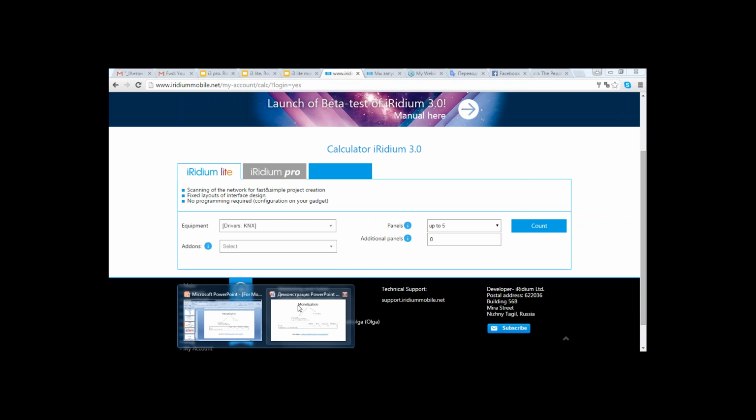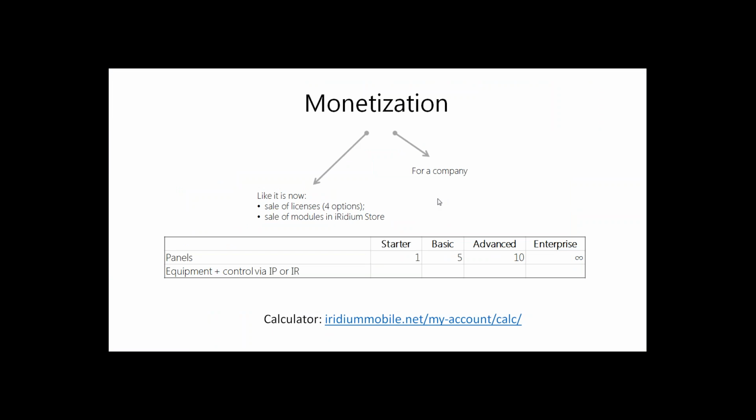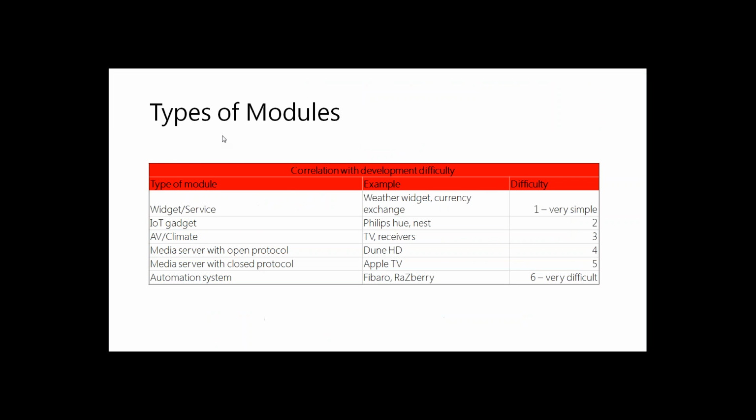Okay, then that's the calculator. You can check it if you have full registration. And a few words about types of modules. As I said, we'll have something like tiers, like App Store, Apple or Google has.